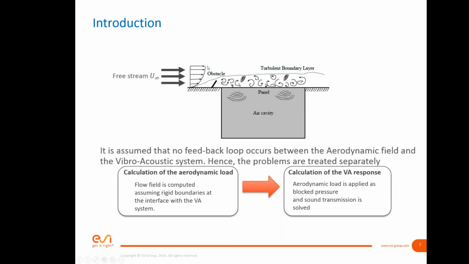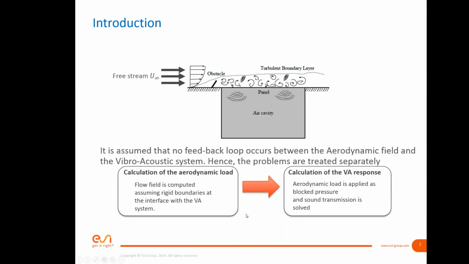So there is a stream here and an obstacle, and after this obstacle it creates turbulences of the stream, of the flow, and there is also what's called a turbulent boundary layer, where there are turbulences, and this turbulence creates sound inside this layer, but they also hit the panel, which creates a vibrational response and then radiation inside the air cavity.